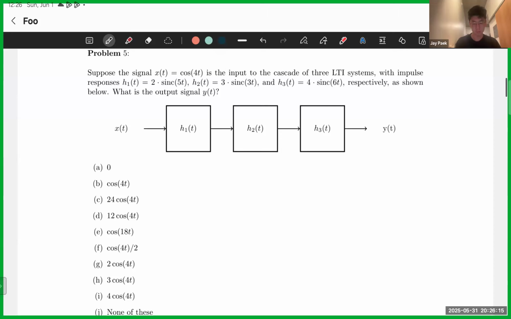It's because no matter what happens, let me show a general case.